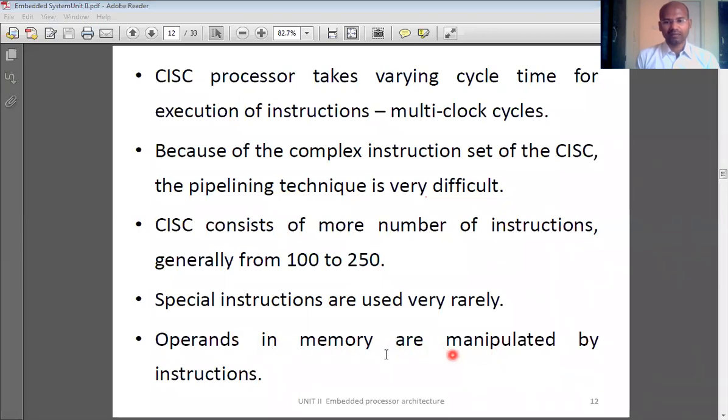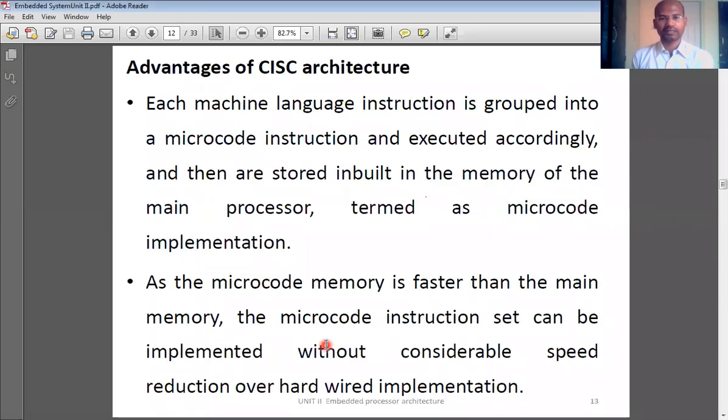Operands in memory are manipulated by instructions. By using those instructions, we can directly access the memory. Whereas in RISC, there are only 2 instructions which directly access the memory. What are they? Load and store. For this reason, it is also called load store architecture.